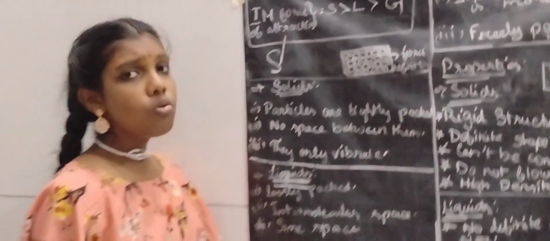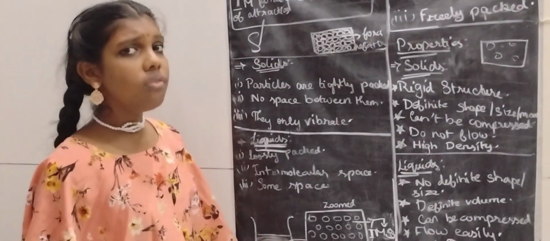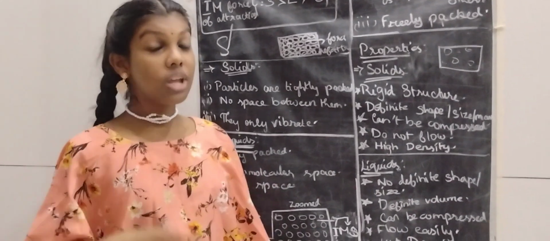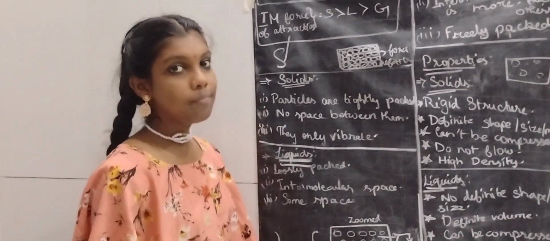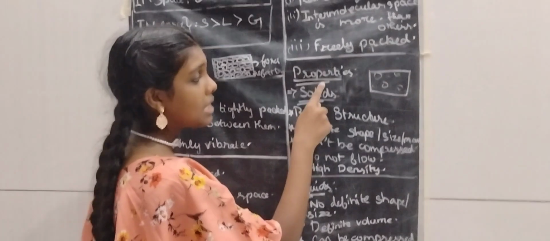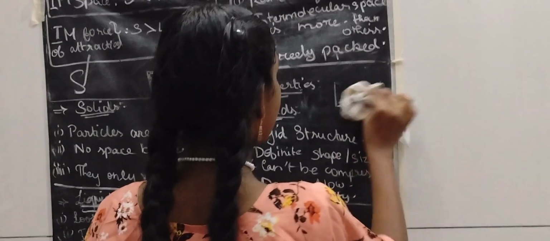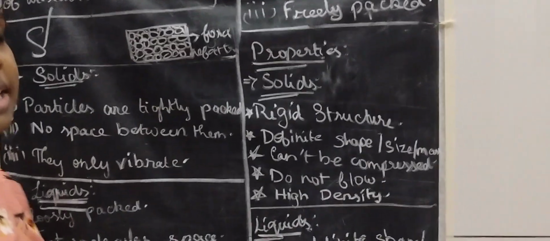So let's move on to the properties of the states of matter. They are so simple, you would have learnt it in your lower grades. First I will erase this because you guys would be confused with gases and solids.